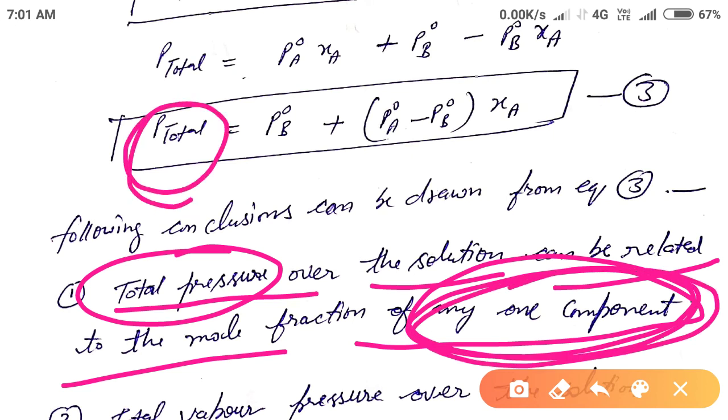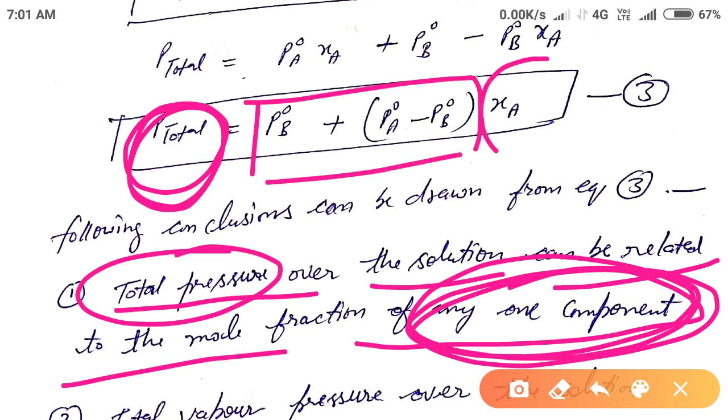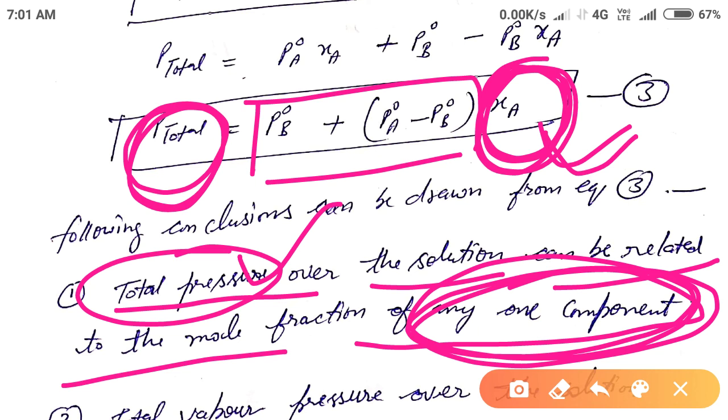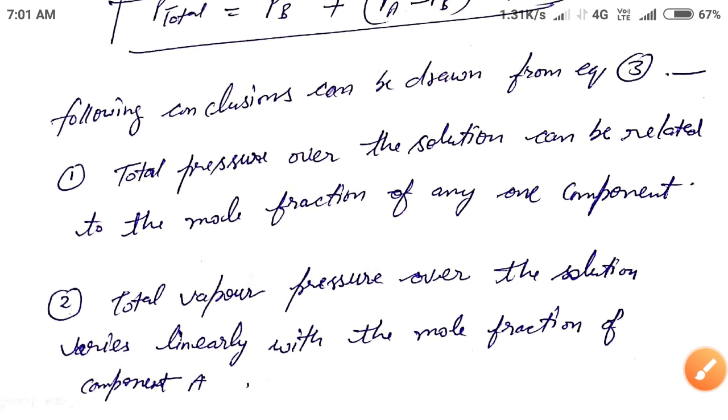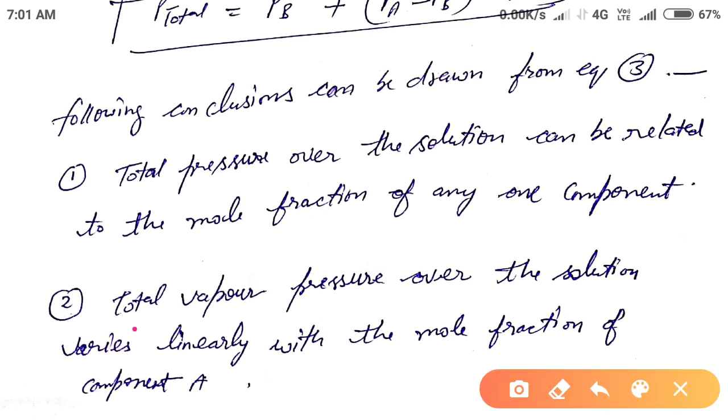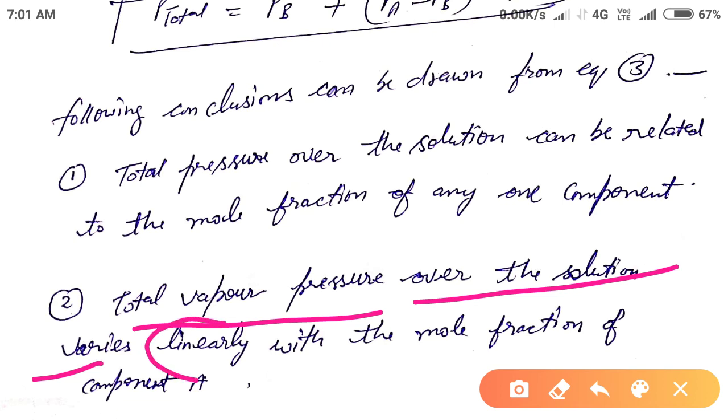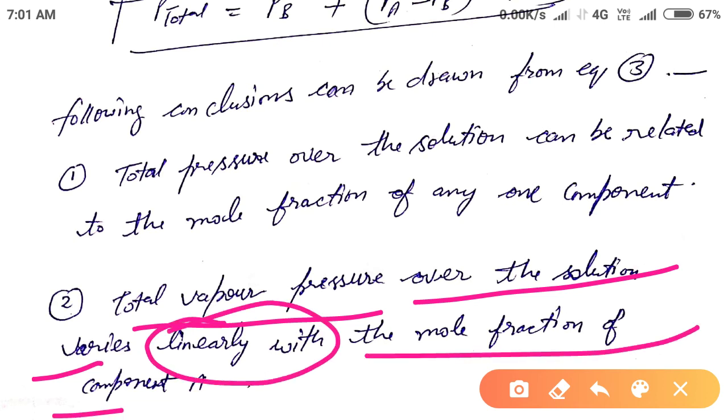Look here, in P total there is only one component, chi A. In this equation there is no chi B. So the total pressure is related to the mole fraction of any one component. The second conclusion is that the total vapor pressure over the solution varies linearly with the mole fraction of component A.